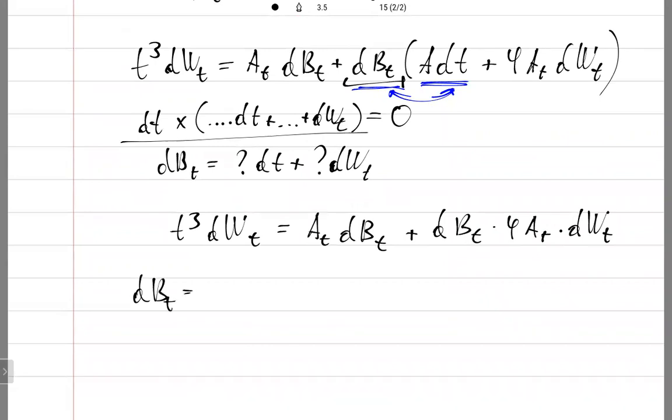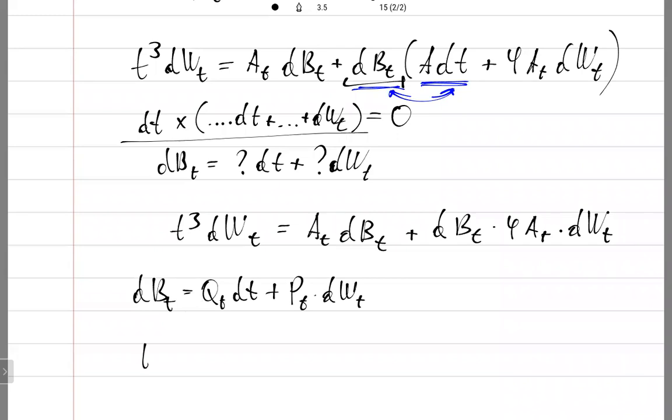Let dbt be some, let's denote it by Qt, since A and B are already used. dBt is Qt times dt plus pt times dwt.